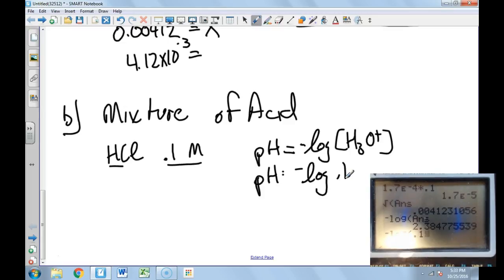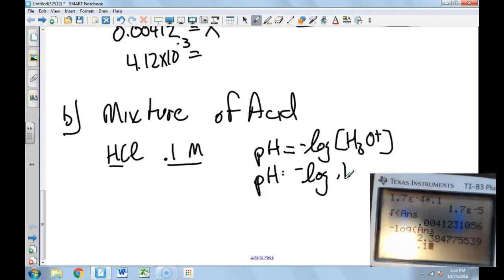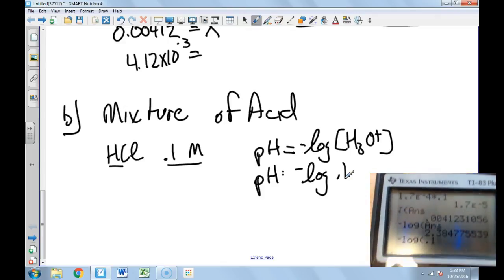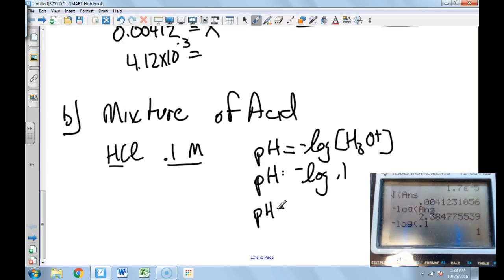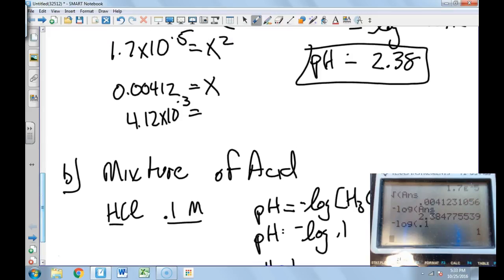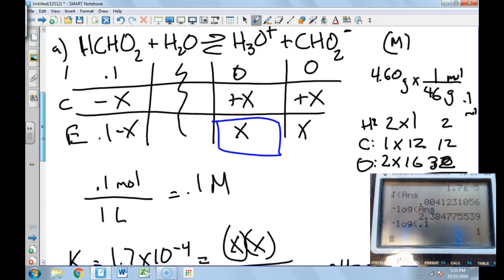Let's move this so that you can see. There, how's that? Negative log of 0.1 is equal to 1. And any of the concentration from the formic acid is going to be negligible.